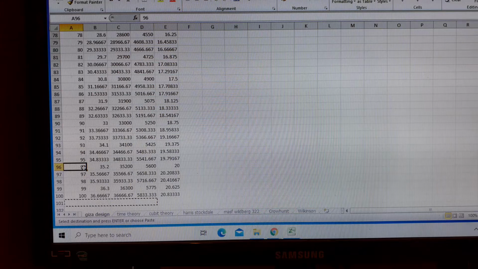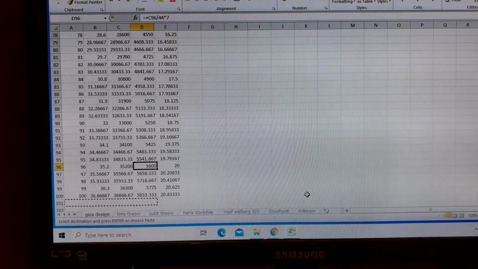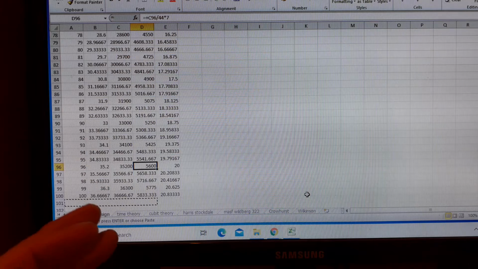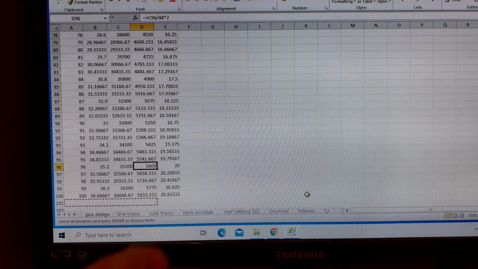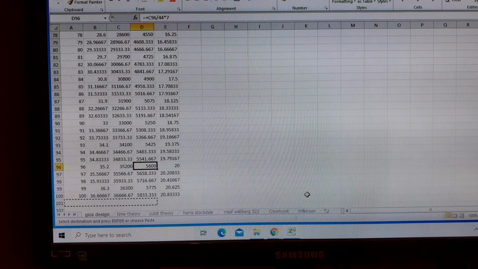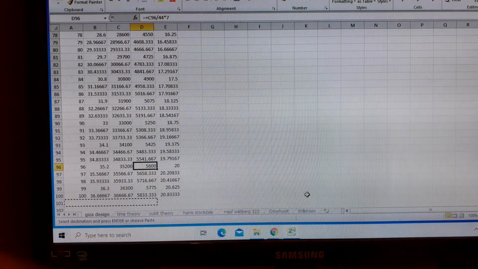And the base 96 line is given as a cubit of 20 inches. And it's giving us a height of 5,600 inches. And that's really in line with our expectations of using 44/7 and what it produces. If we use 20 inches, then we're getting these whole numbers.